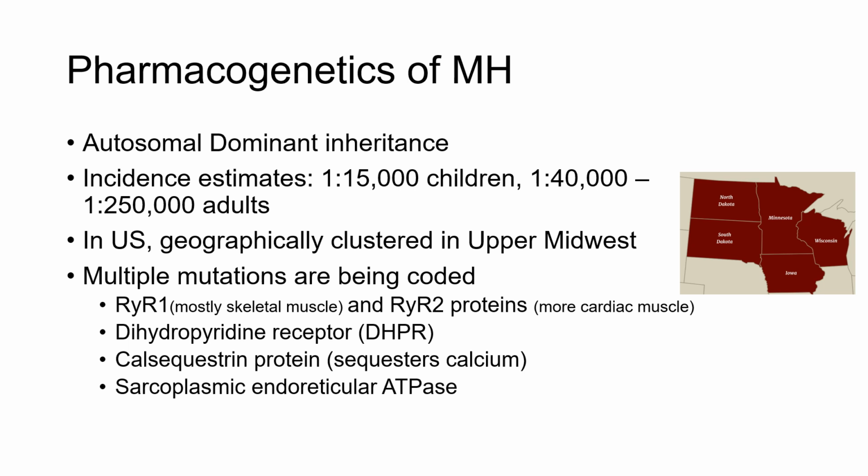More than 200 RYR1 variants that co-segregate with malignant hyperthermia and/or calcium channel dysfunction have been reported to date. This includes also mutations of the dihydropyridine receptors, calsequestrin proteins, and the sarcoplasmic reticulum ATPases.